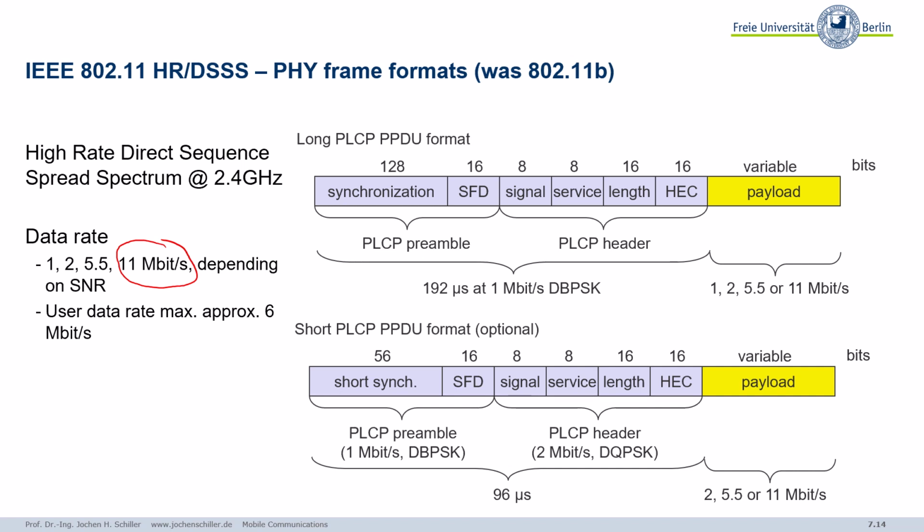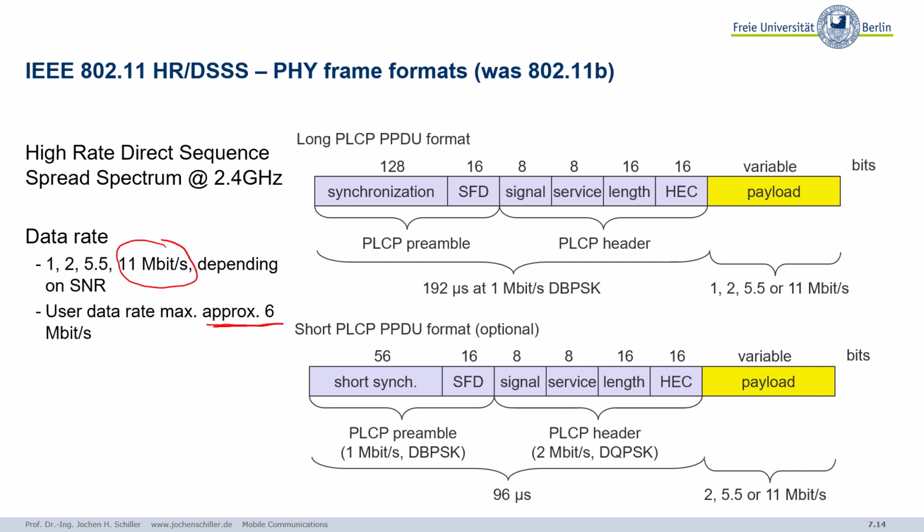So 2.4 gigahertz, that's the ISM spectrum used for microwave ovens, etc. So this physical layer offered, for that time, pretty high data rates, but already at these times we saw that the user data rate was something like 6 megabits per second. Why? Well, we learn with the MAC layer that there are certain gaps needed between sending packets.